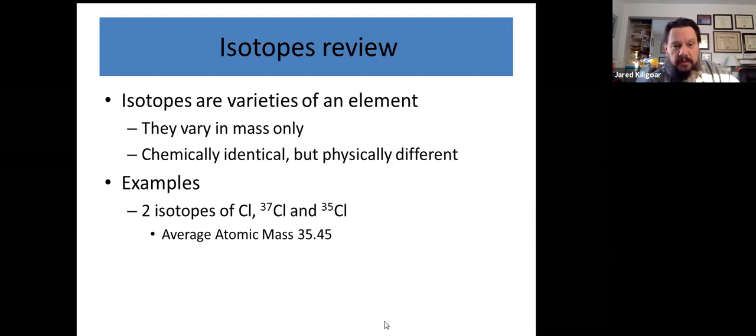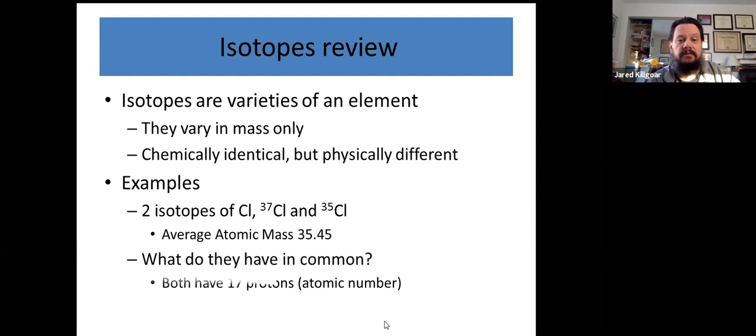Their average atomic mass is 35.45, which we discussed last unit. And what do they have in common? They have the same number of protons, and therefore they are the same element, because as we've discussed before, the number of protons is the atomic number, which defines the element.